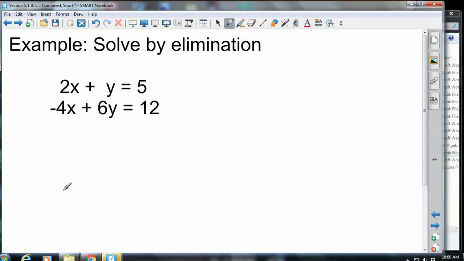Right. We want to be able to add these equations together and get something to cancel. So, if I want to cancel my x, what would I have to do? Take the top one times 2. If I wanted to cancel my y, what would I do? The top by negative 6, because they have to have opposite signs.